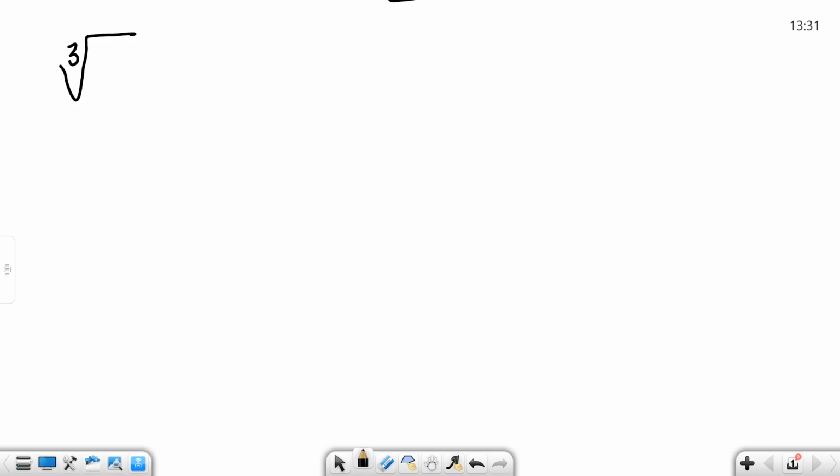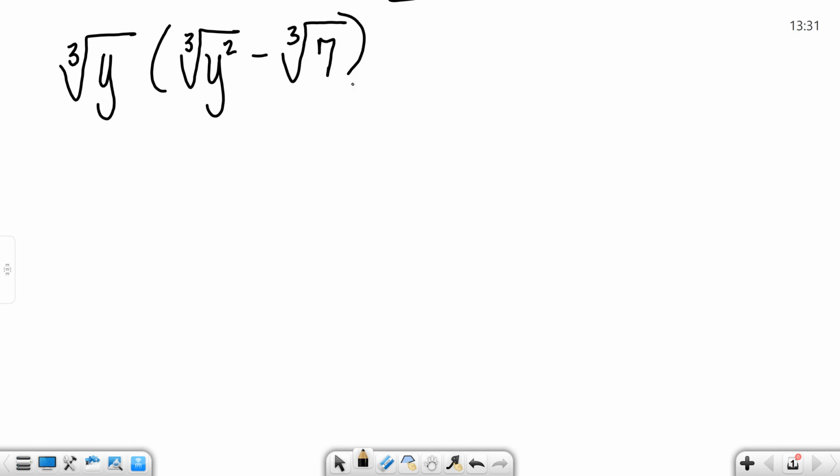That's as simplified as I can get. Let's try a cube root. So the cube root of y, and let's distribute that through the parentheses here. We're multiplying the cube root of y through the parentheses. Since it is a cube root times a cube root, we would get the cube root of y cubed.